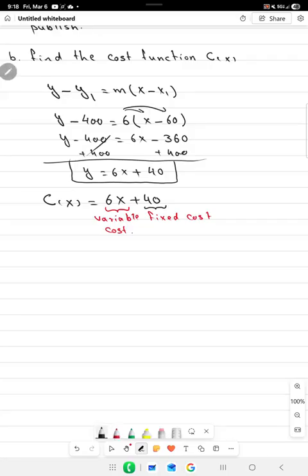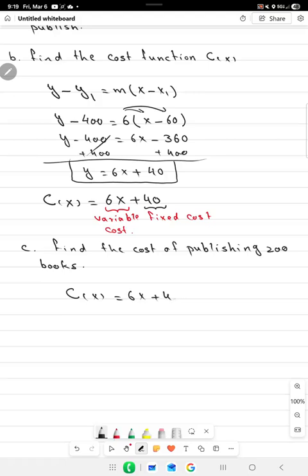If I add another part for this problem, part C, find the cost of publishing 200 books. It's so easy to calculate because you have the cost function. Your cost function is C of x equals 6x plus 40.